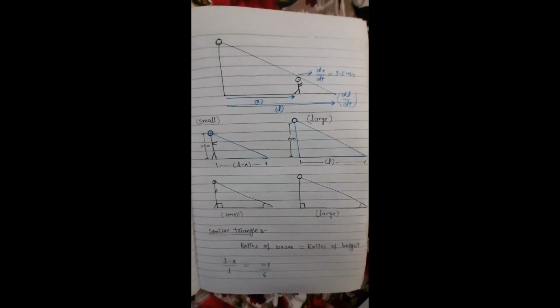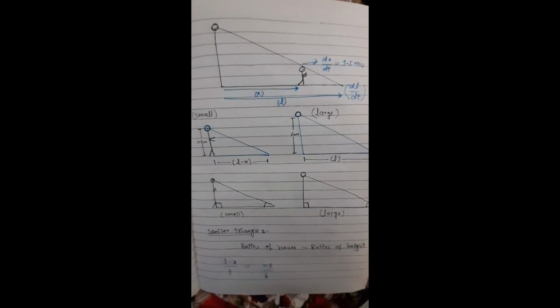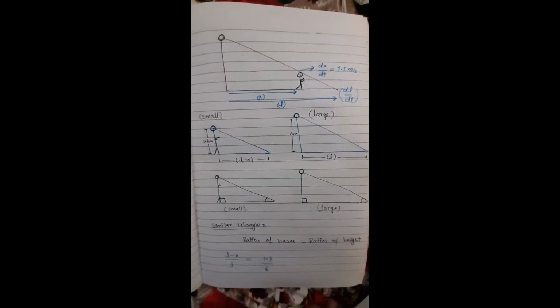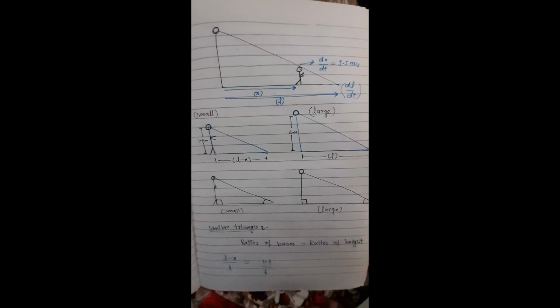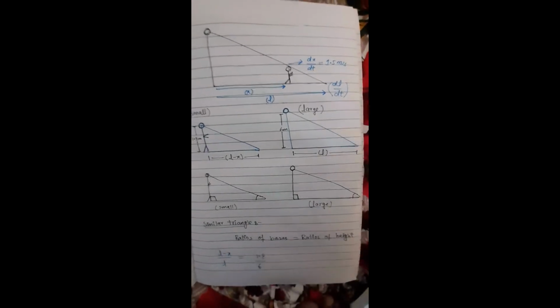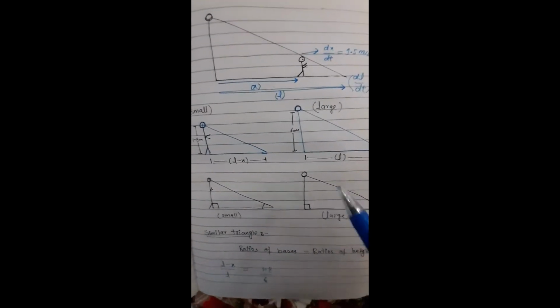We are looking for the rate at which the head of the shadow moves along the ground, which is dL/dt.